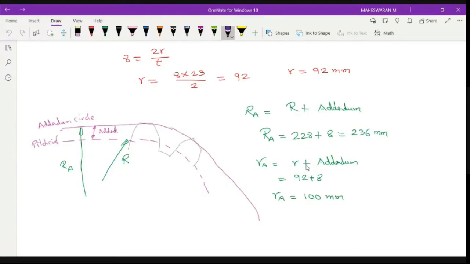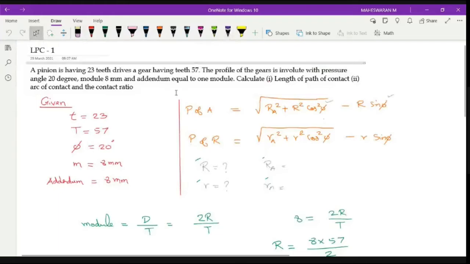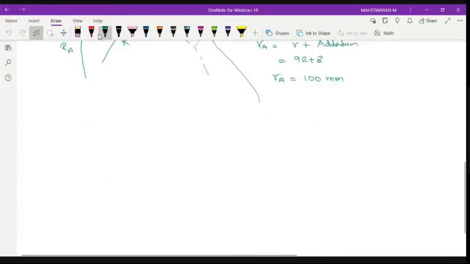Now we are going to substitute this, right? So let me consider this formula. I will write it directly. First I have to identify the length of path of approach, right?